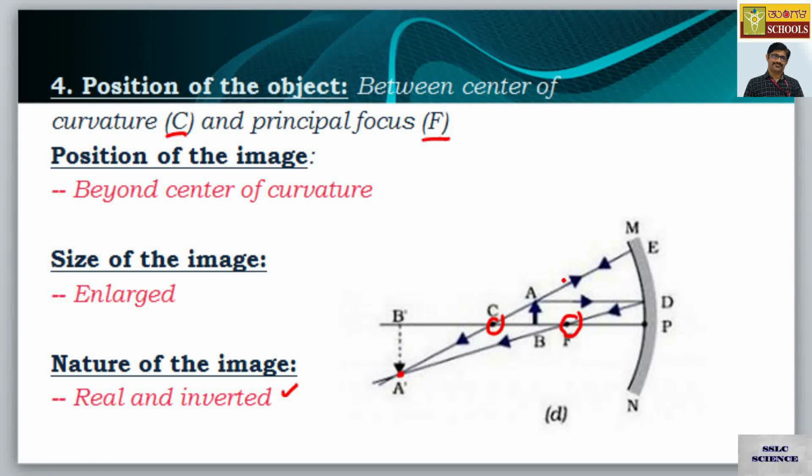Okay, so here at this point, with the object placed between C and F, the ray which is parallel to the principal axis passes through F, and the ray which is passing through center of curvature, after reflection it is hitting back, and we have the point of intersection where the image is formed. Okay, that is the position of the object kept between C and F.